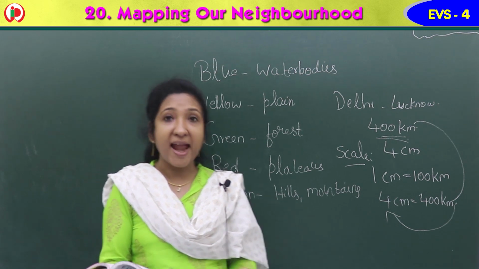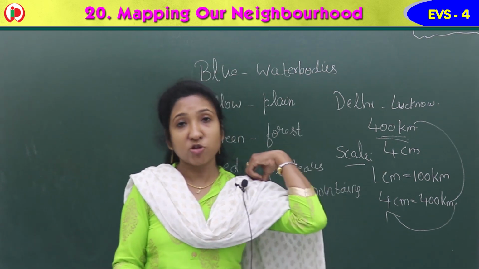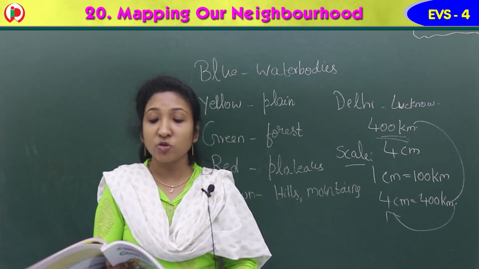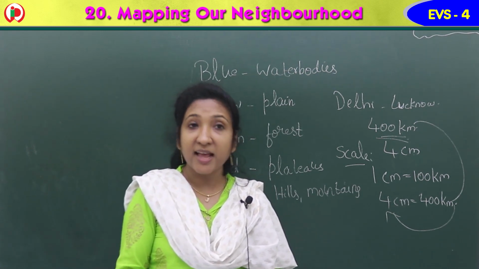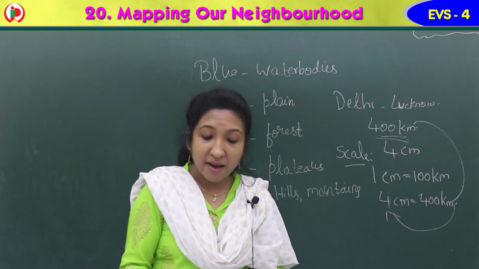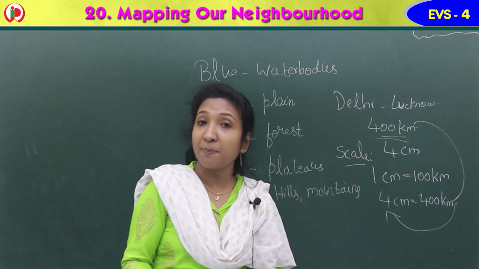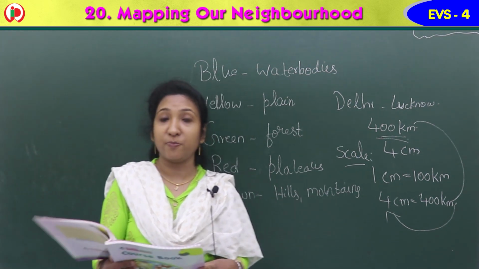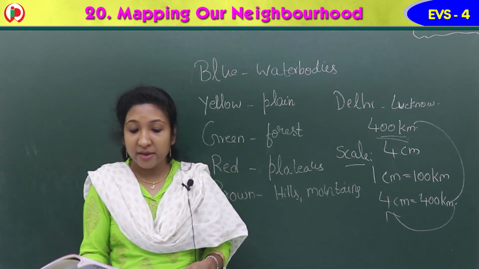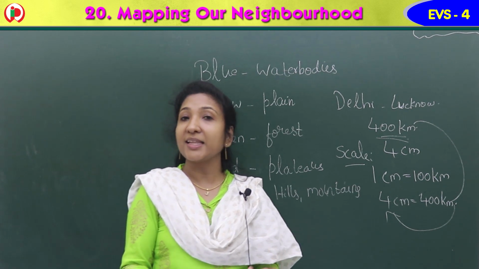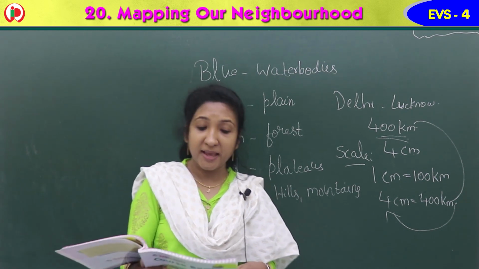Then we learned about landmark. It is actually a structure or building used to identify the location of a place, isn't it? It can be a cinema hall, a market, a temple, it can even be a pillar or post, a tree also. Yes. So in our locality, in our neighborhood, these landmarks are there which easily help us to find the place.